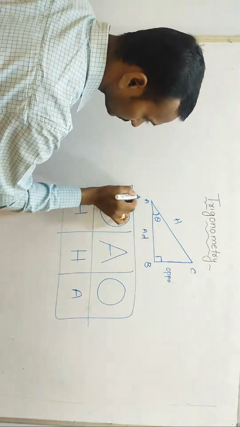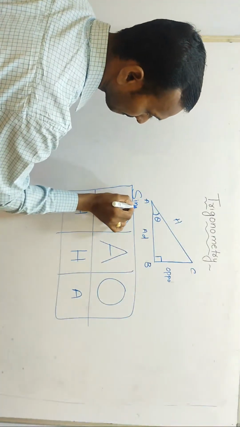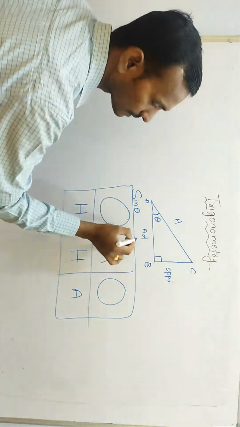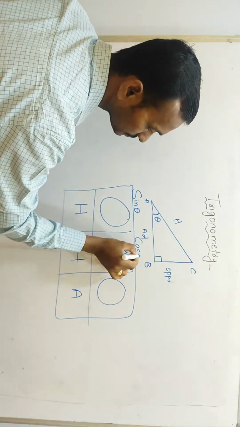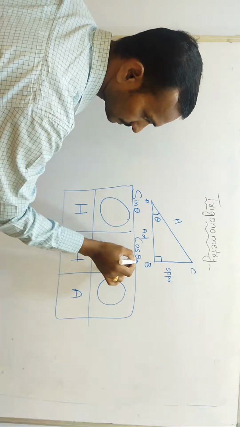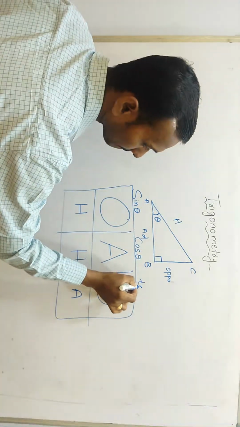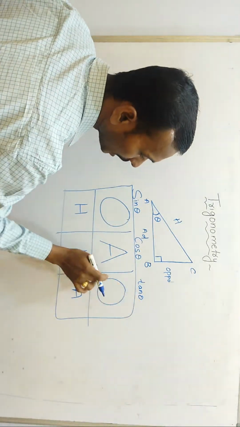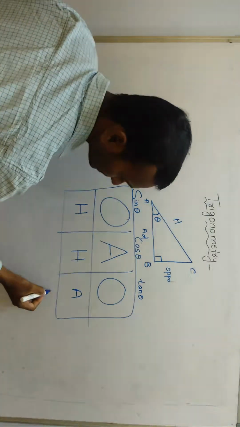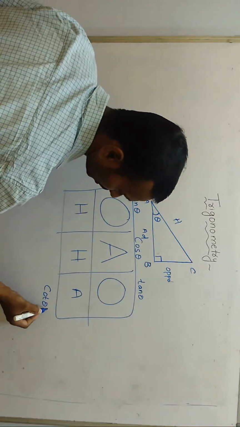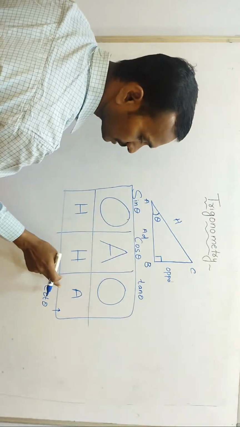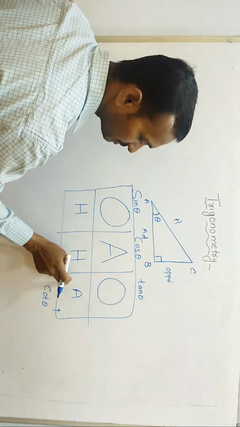So first sin theta is opposite by hypotenuse, cos theta adjacent by hypotenuse, tan theta opposite by adjacent, then reverse. Cot theta is nothing but adjacent by opposite.